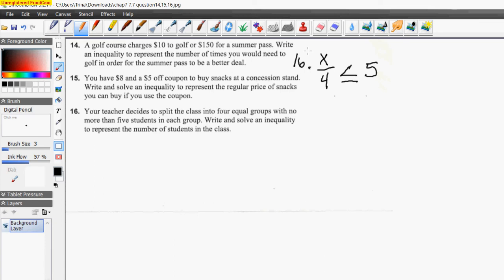So now what we do is we got to go to the next particular step. So we know right now we've got to cancel out. This is going to cancel out. Remember, whatever we do on one side, we have to do on the other side. Okay? So we're going to cancel out the 4. That will cancel out with the other 4.